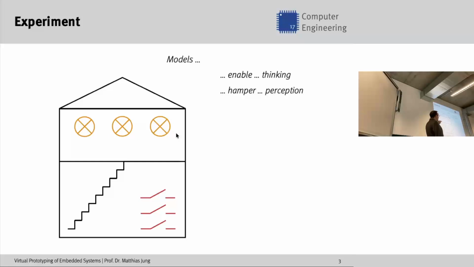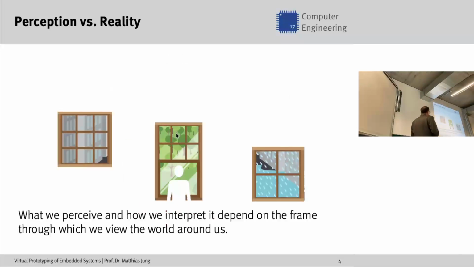But models also hamper our perception. That's also important. It might be that you miss important aspects because they are not modeled in your model. Okay, I also give you an example there.